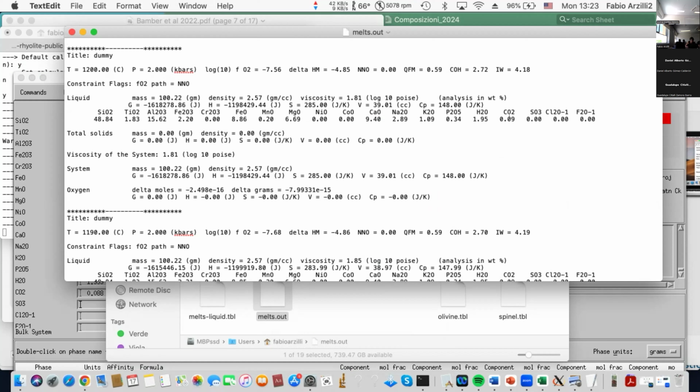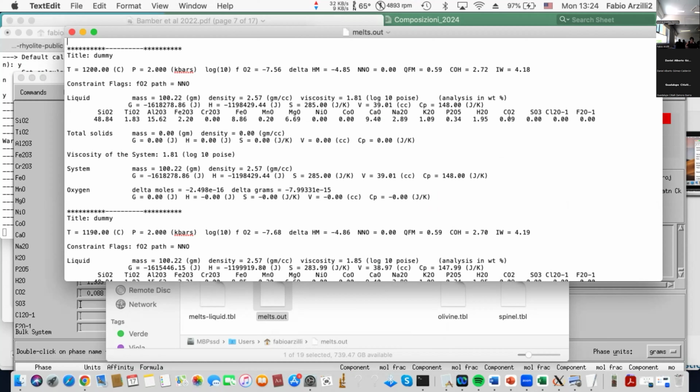Yeah, so 3 weight percent would be 30,000. 1 weight percent is 10,000. 0.1... 1 weight percent is 10,000, so 0.01 is 1,000.